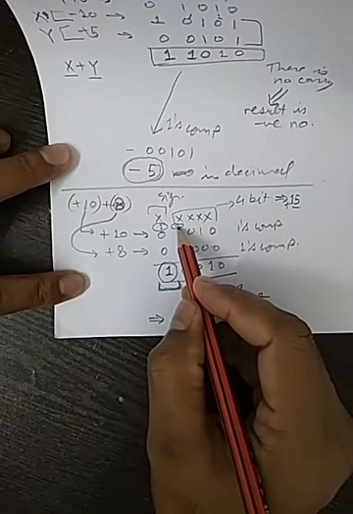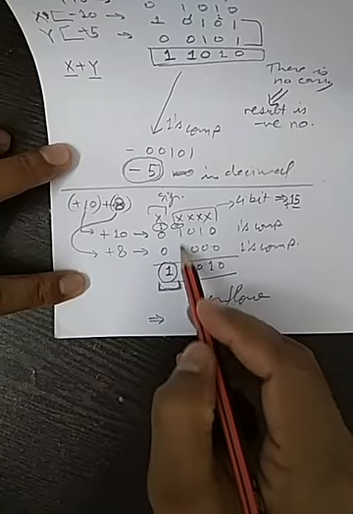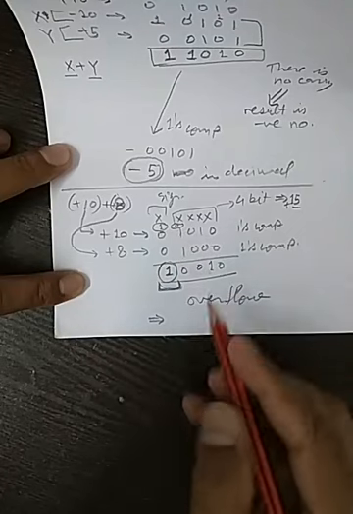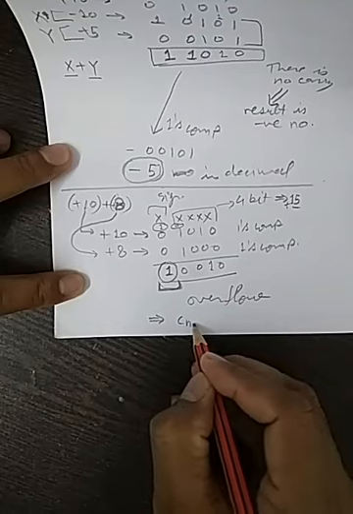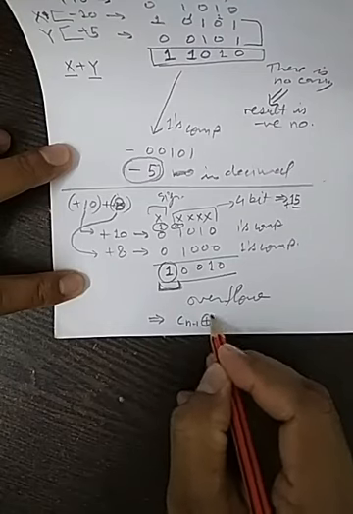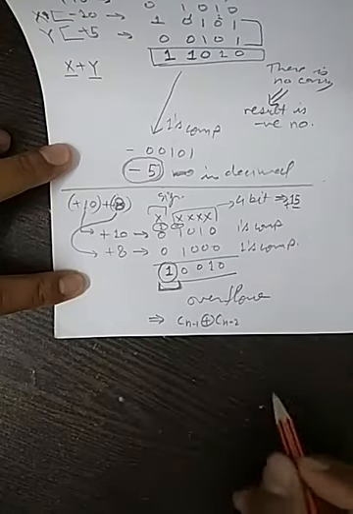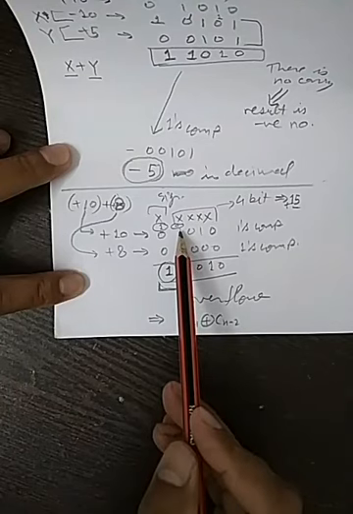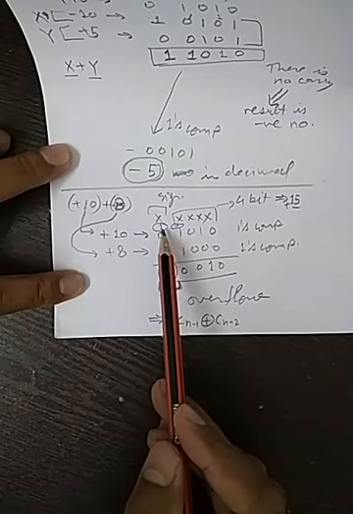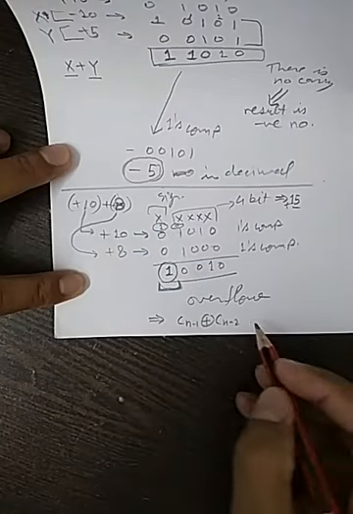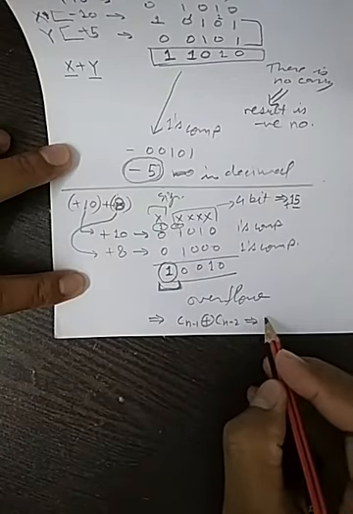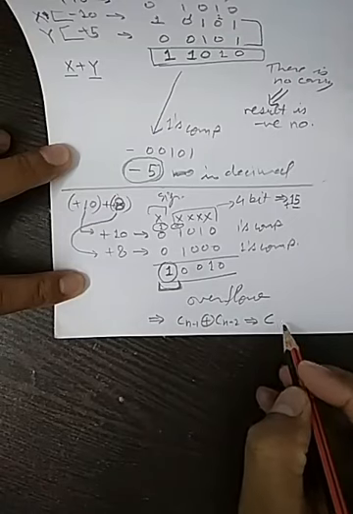Here it is 0 over here. At this point it is 0, and at this point it is 1. So C n minus 1 and C n minus 2. Okay, so carry over here and carry over here. If they are different, I will say that it is overflow.